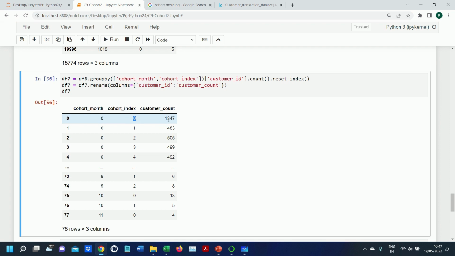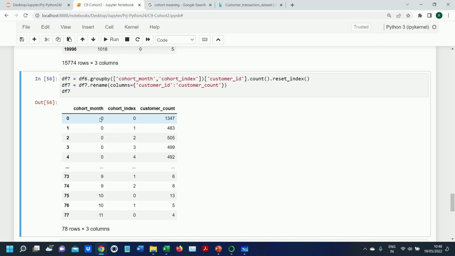There are 483 customers whose month of joining is 0 and who did transactions in the subsequent month 1, and 505 customers who joined in the 0th month and performed a transaction in the second month.